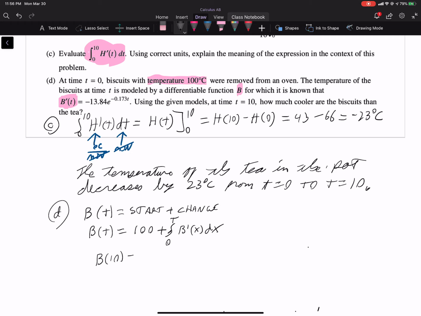To find B of 10, I would just replace t with 10. You pop that in your handy dandy pocket calculator, and we get approximately 8.817.